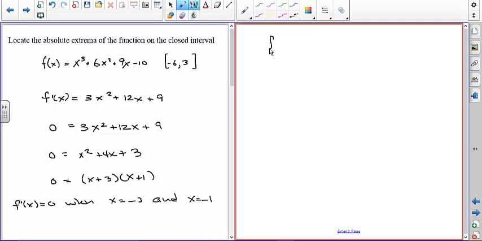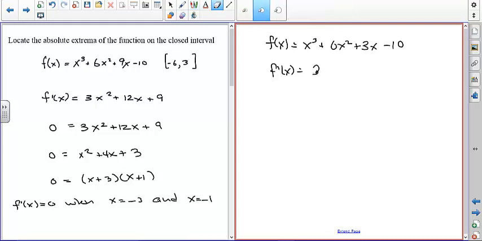So if my original function was x cubed plus 6x squared plus 3x minus 10, like we originally had, the derivative would be 3x squared plus 12x plus 3.